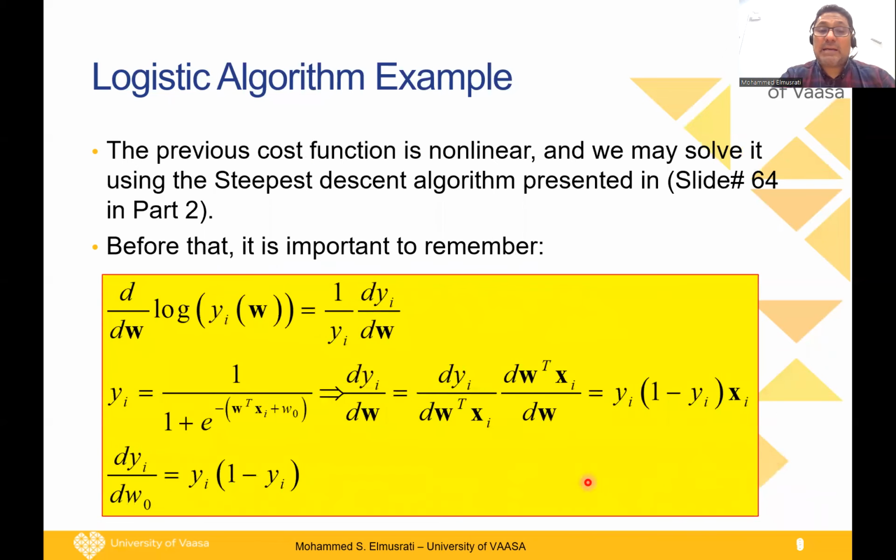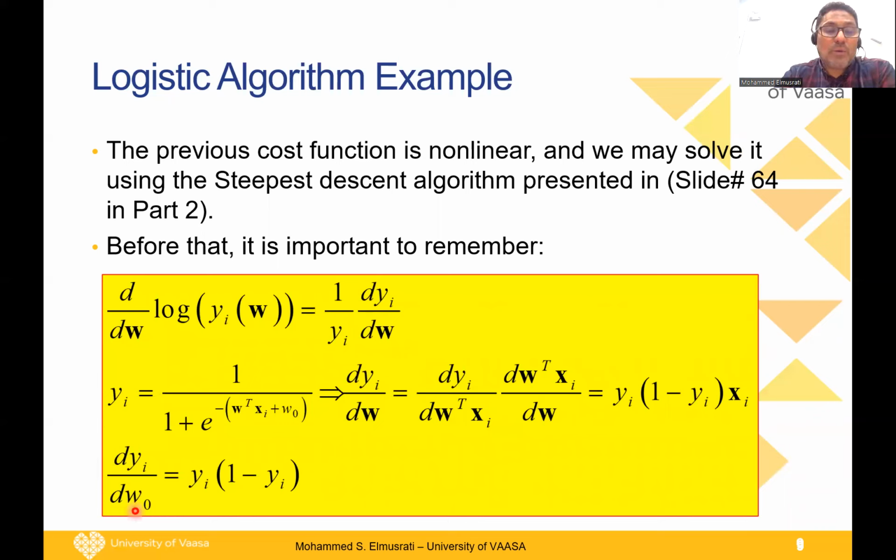Before that, we want to remember a few math tips. If you have this yi function in W and you want to differentiate it with respect to W, the differentiation of the log of yi is equal to 1 divided by yi times the differentiation of yi with respect to W. We can simplify the differentiation of yi with respect to W with the chain rule, and it gives us yi times (1 minus yi) times xi, where xi is the input.